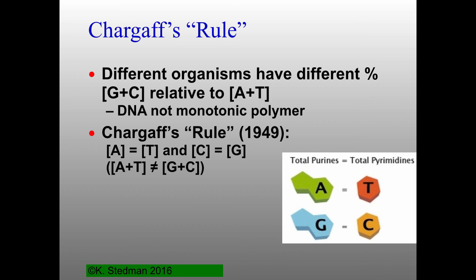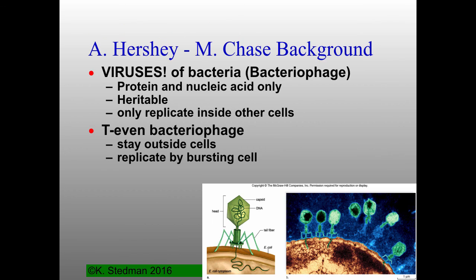But he didn't say that they were identical to each other. And that was where he and Watson and Crick started to have these arguments with each other. Because Watson and Crick said it had to be identical, and Chargaff said, well, it's not quite, it's like a 0.01 difference. And so there were a number of discussions about that as well. But these are some of the background data which were available there.